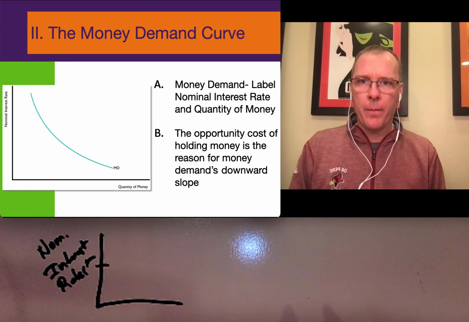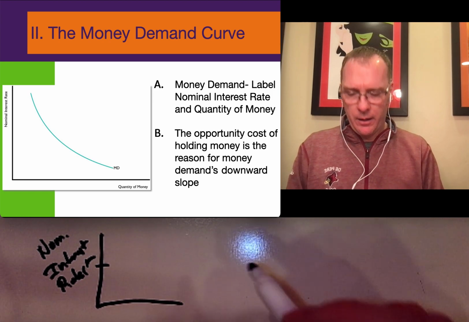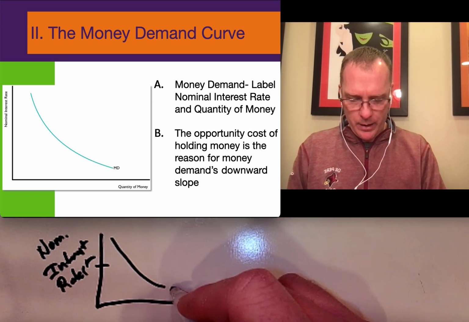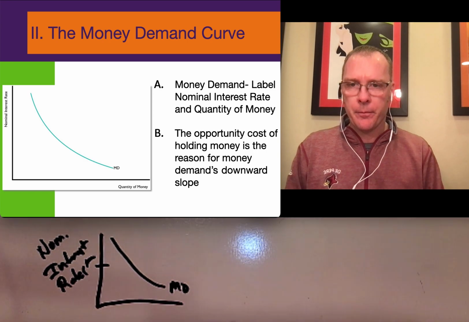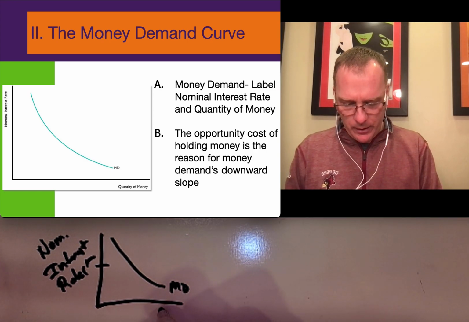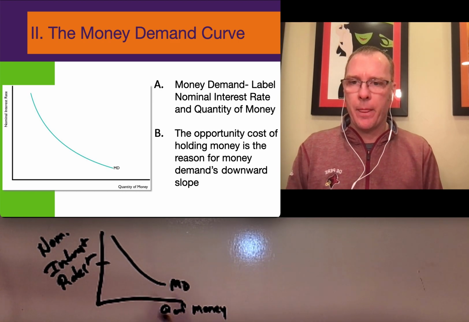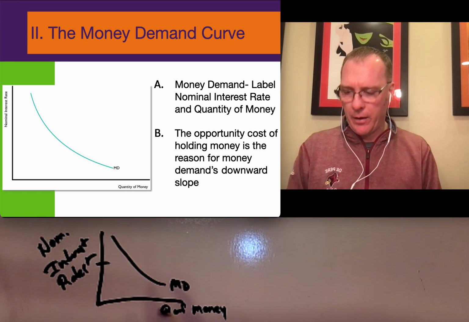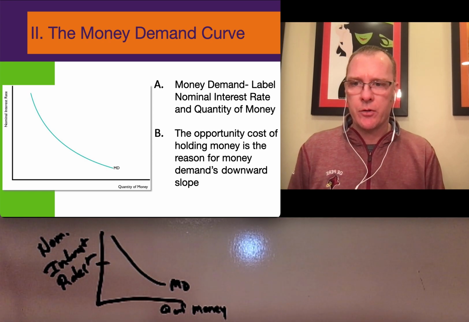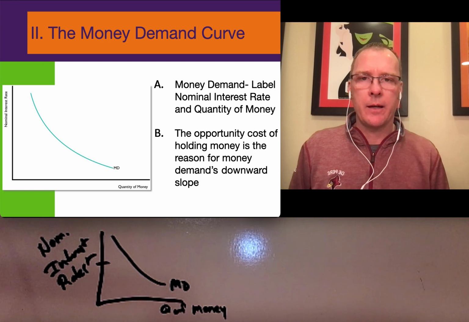Right there would be an R. Your money demand curve is then downward sloping. So that's my money demand. And down the bottom, it's the quantity of money. So how much money is in the system? Here's my money demand curve, and those are my nominal interest rates that I'm getting for cash right now.